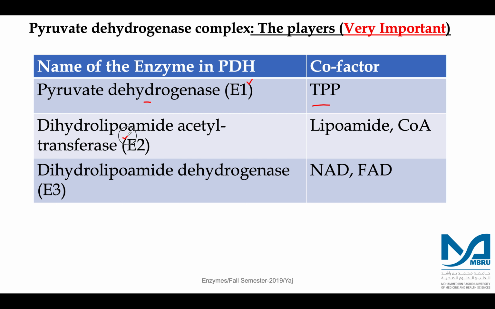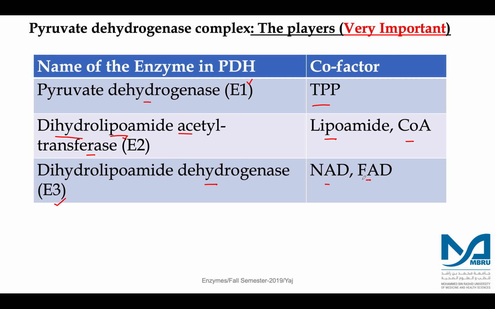The E2 enzyme is a transferase, specifically known as dihydrolipoamide acetyltransferase, that uses lipoic acid or a derivative of lipoic acid called lipoamide, and coenzyme A. The third enzyme is an oxidoreductase, specifically known as dihydrolipoamide dehydrogenase, that uses NAD and FAD as cofactors.